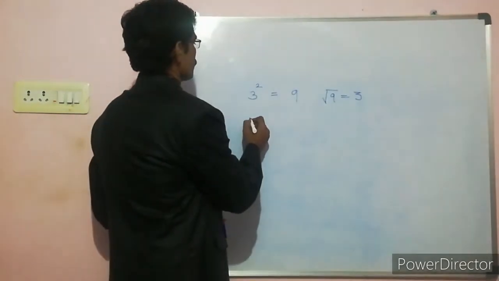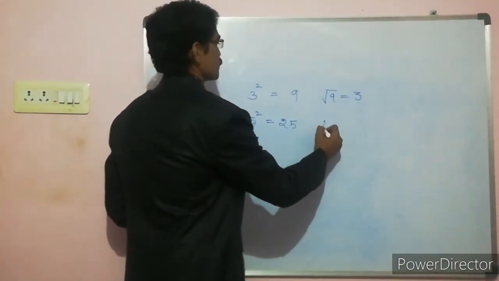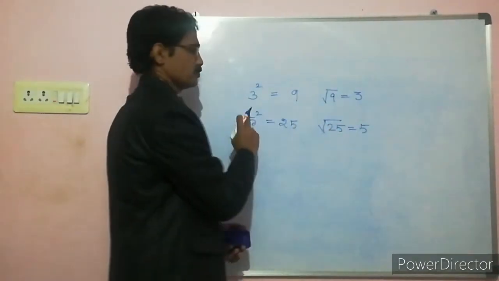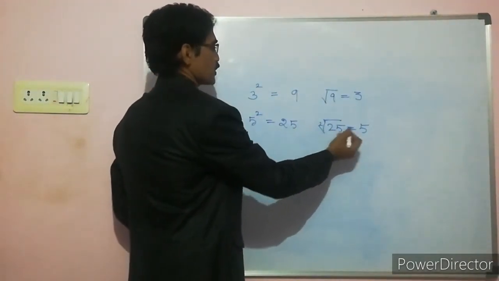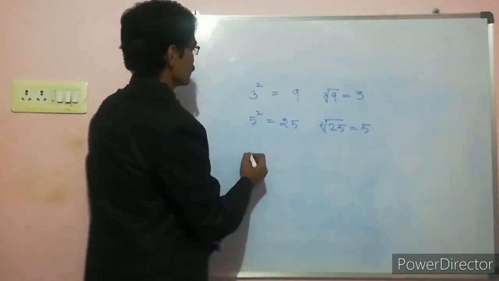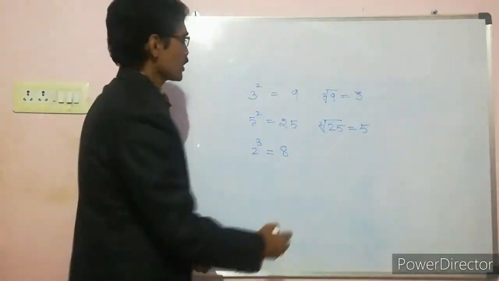For example, 5 square equals 25, which means root 25 is equal to 5. What is root 25? Square root of 25. Square root of 9. For example, 2 cube is equal to 8.